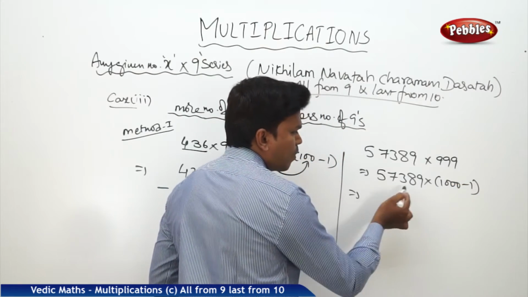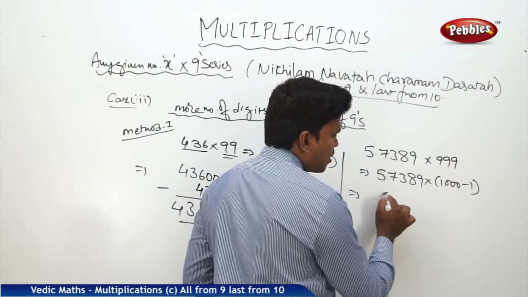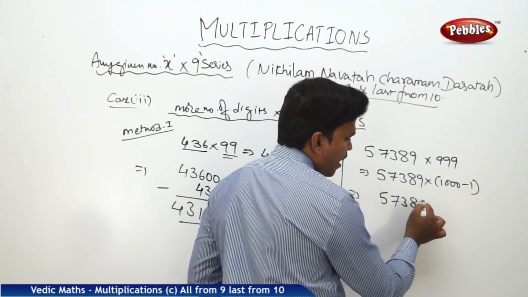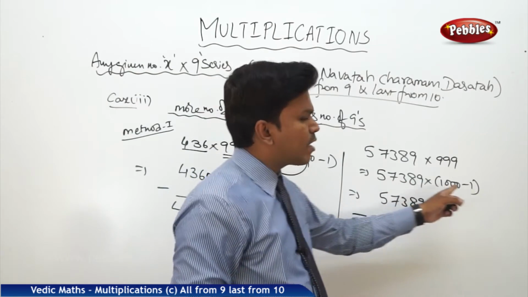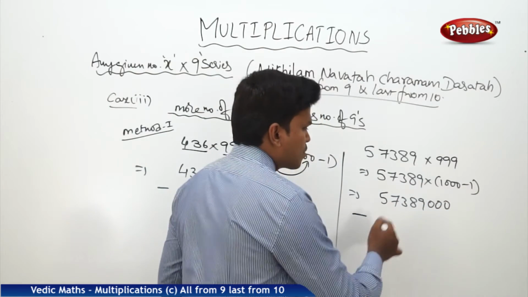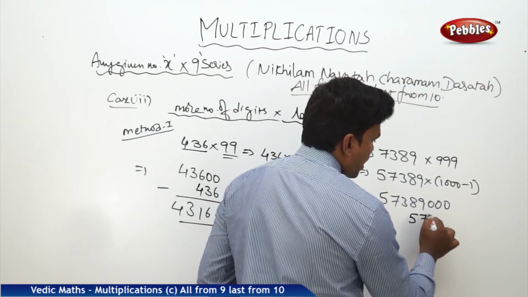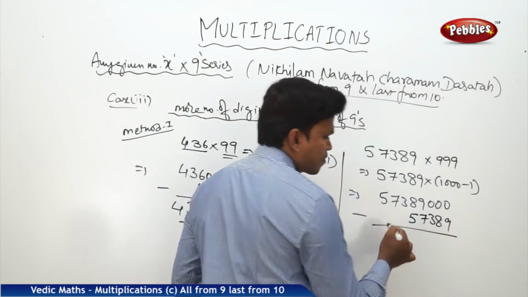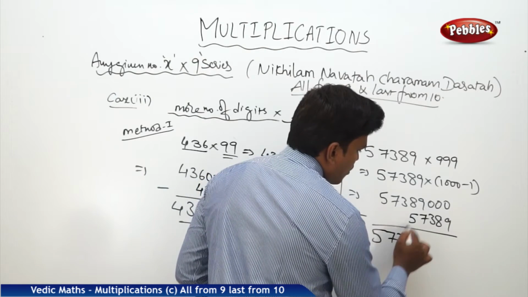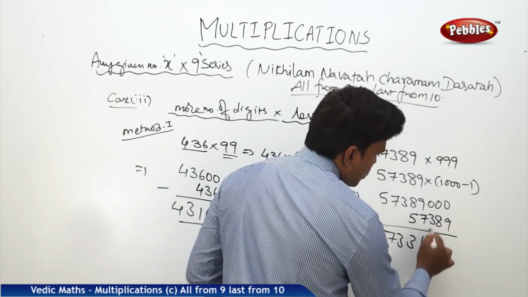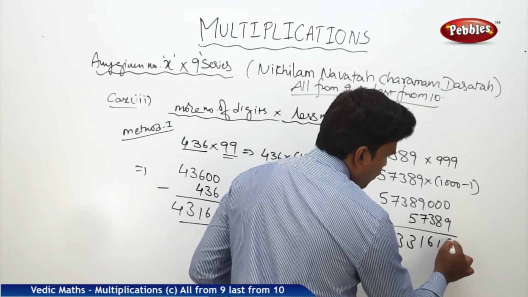So 57389 into 1000 is 57389,000, minus 57389 into 1, which is 57389. Now you subtract this. We will see. So the answer is 573, 3 but 3 only, 2 but 1, 6, 1, 1.